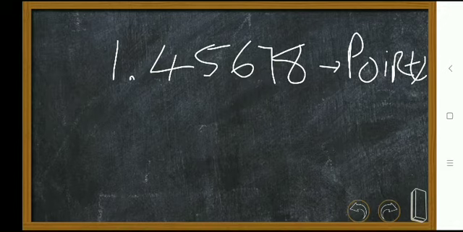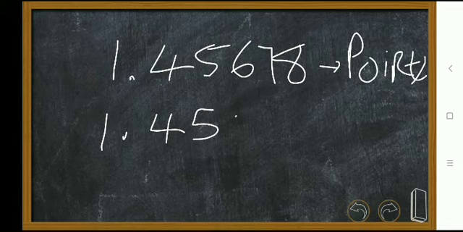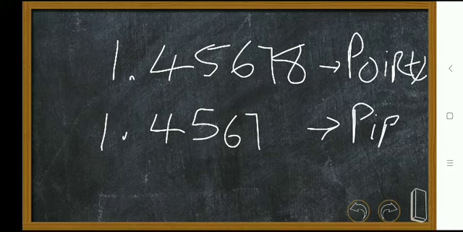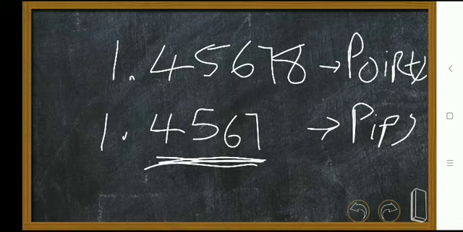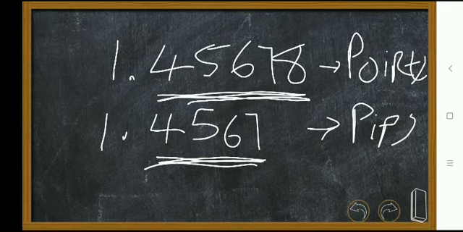It's in points. Then this price is in pips, because of what? The 4 numbers after the decimal point. This one is in points because it has 5 numbers. I hope I'm making sense.